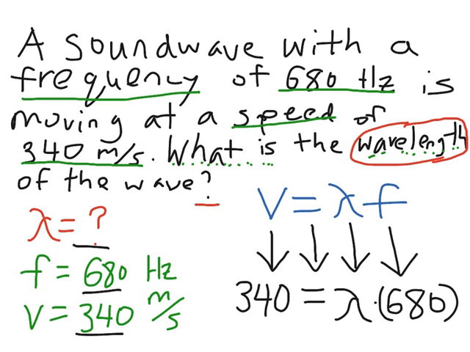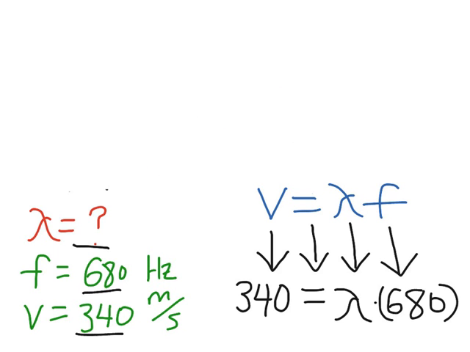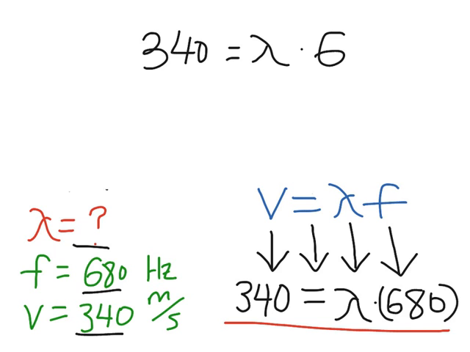Let me erase the question so we have more space to continue this problem. There we go. So we know that our equation is 340 equals lambda times 680. We are trying to solve for lambda, which means we want to get rid of the number next to lambda, or 680.